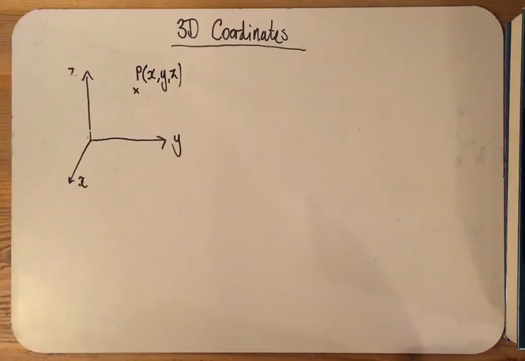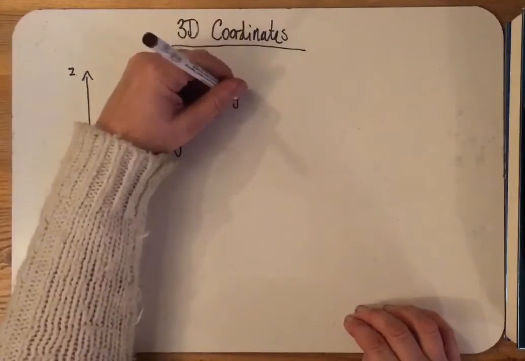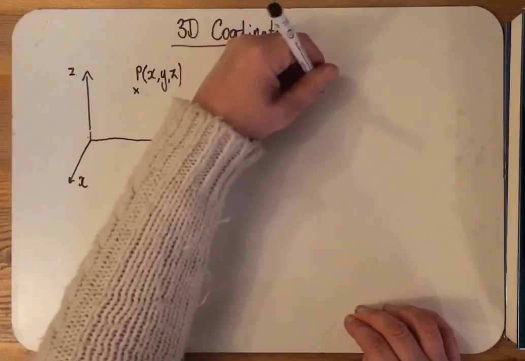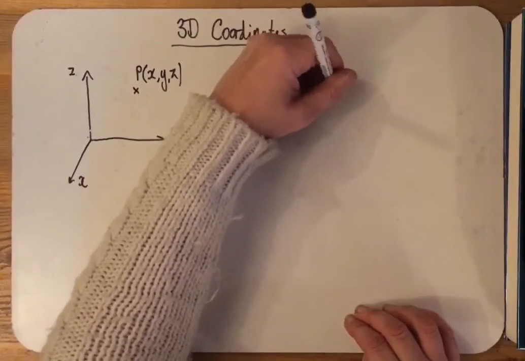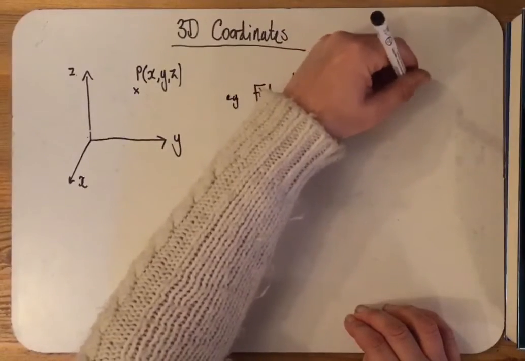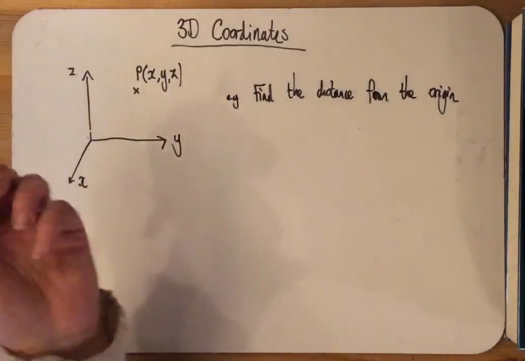So a couple of straightforward examples. First of all, we can find the distance from the origin. I'm just keeping my teaching to match the exercises in your book, actually.